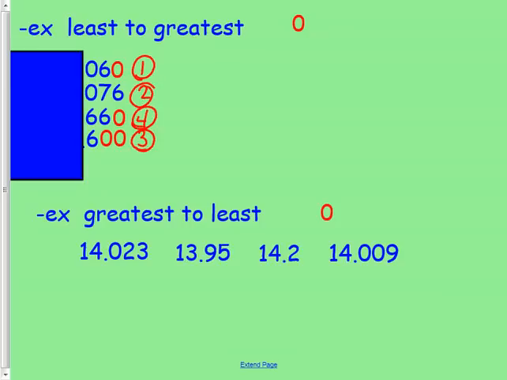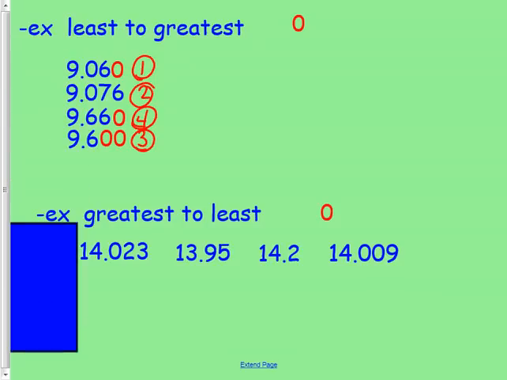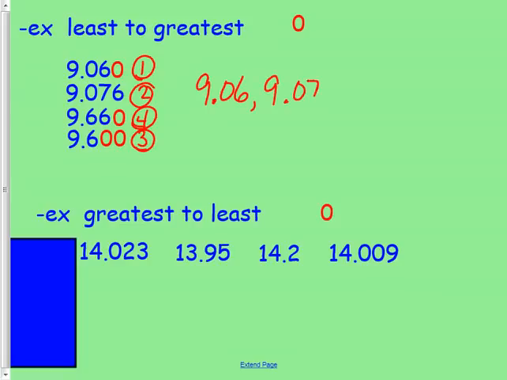And last but not least, let's take a moment to rewrite the numbers in order. So that's going to give me 9 and 600ths, 9 and 76 thousandths, 9 and 6/10ths, 9 and 66 hundredths.